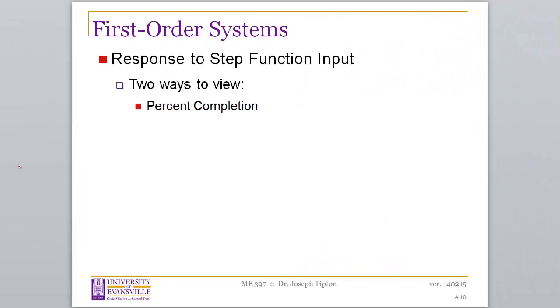There are two ways to view this response. One is in terms of percent completion. And here's what I mean by that. I'll come over here and I'll take the equation we ended with on the previous slide. Y infinity plus y naught minus y infinity times e to the minus t over tau.